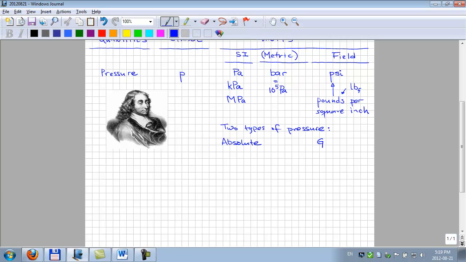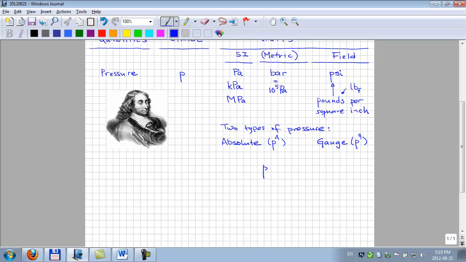And the other is referred to as gauge pressure. Okay? So I guess I can just write, we don't use the symbol, but let's just say we call that pressure absolute, and this is our pressure gauge or something.